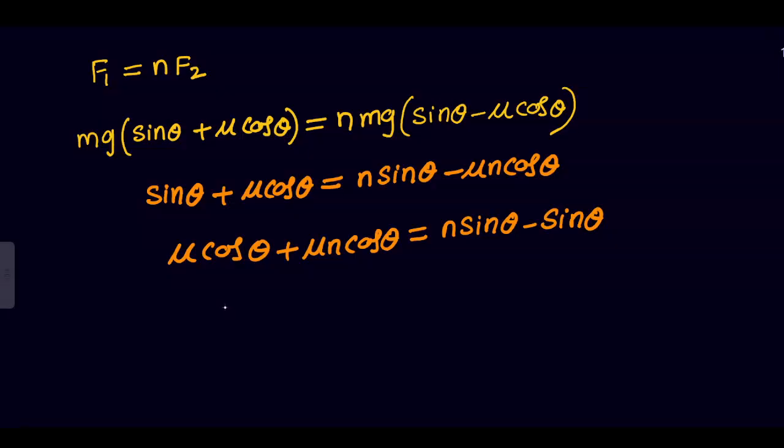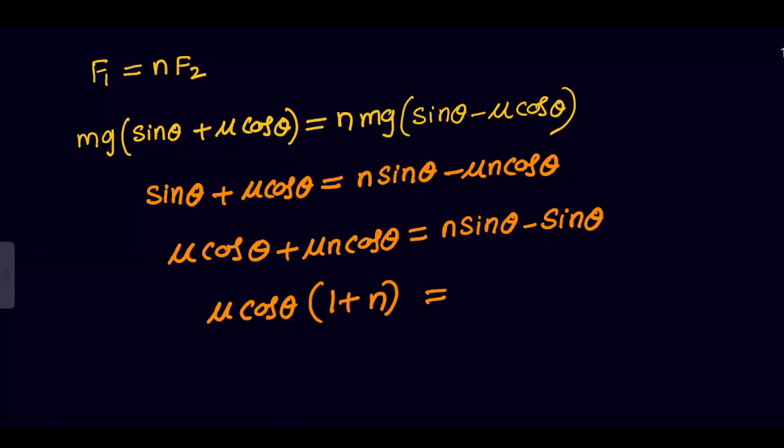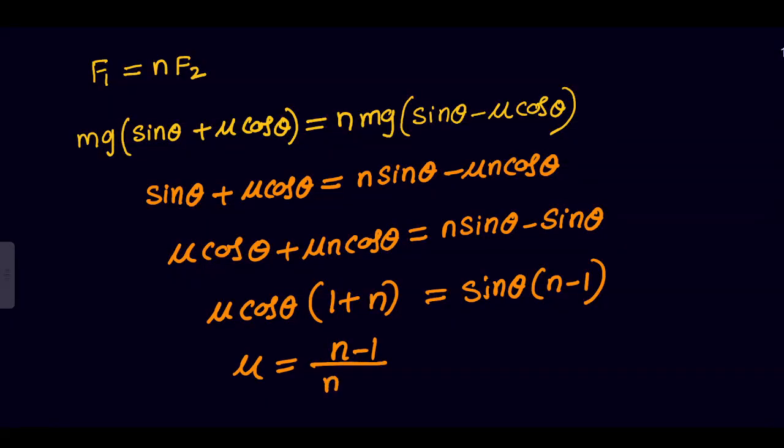Then we take mu cos theta common: mu into cos theta into 1 plus n, equal to sin theta common, n minus 1. So we need to get the mu value. So mu is equal to n minus 1 by n plus 1 into sin by cos, which is tan theta. So this is the coefficient of friction in this case.